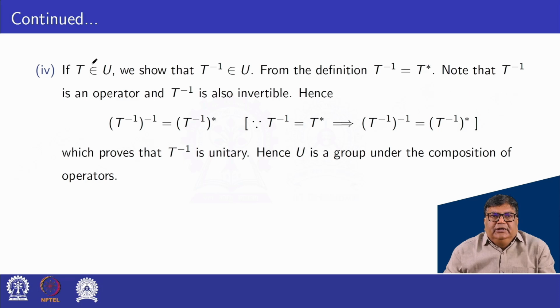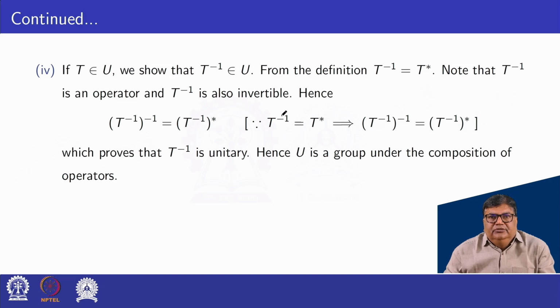Fourth, if T belongs to U, we show that T inverse belongs to U. From the definition of unitary, T inverse is equal to T star. Note that T inverse is an operator and T inverse is also invertible. Hence, the inverse of T inverse, that is star of T inverse, the adjoint of T inverse.